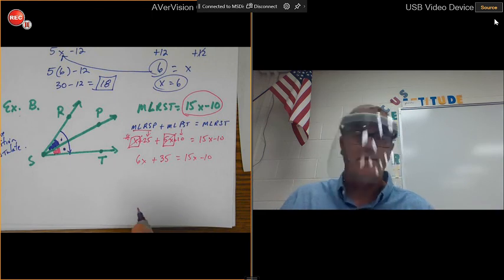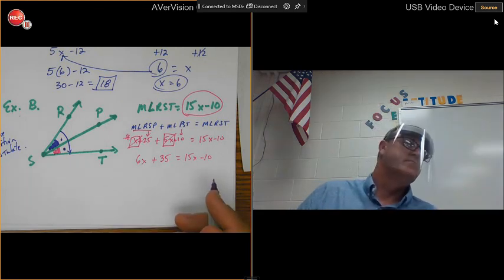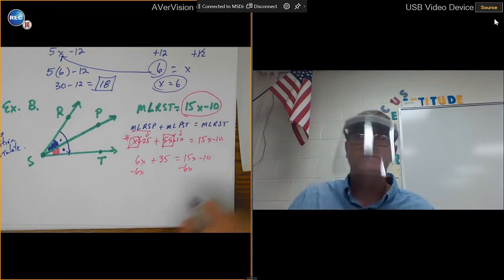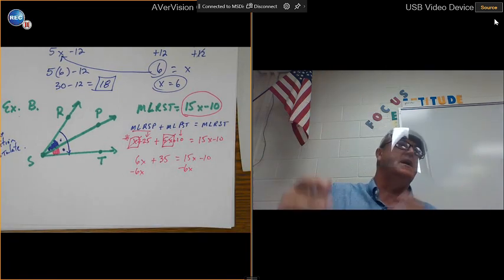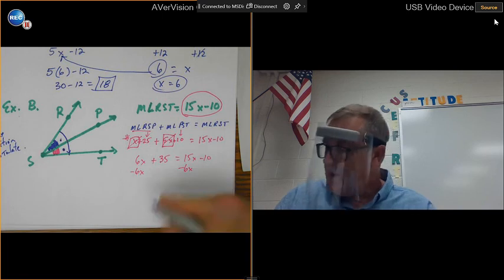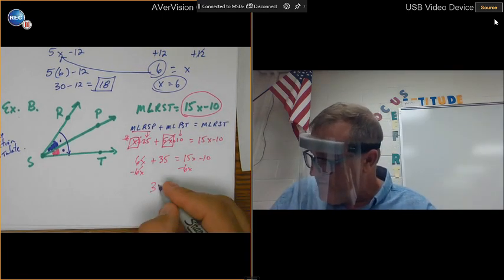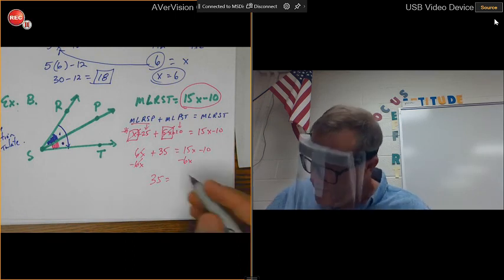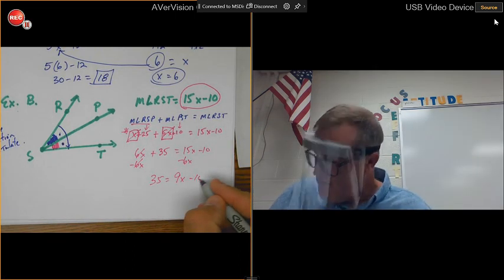Okay, what are we subtracting? I agree. I'm going to subtract 6x from both sides because I've got to get the x's on the same side of the equation, right? So that cancels these 6x's. I'm left with 35 over here. What's 15 minus 6, Maddie? I have 9x minus 10.